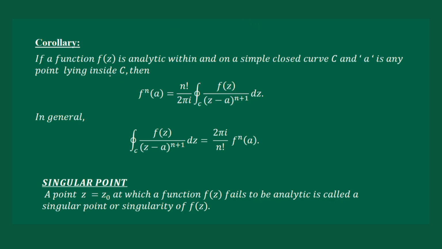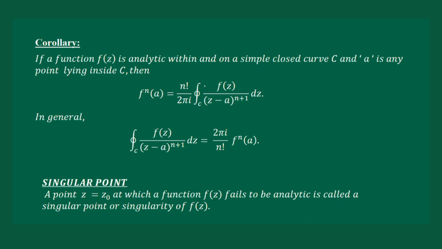Based on the above theorem, we have to see one corollary. If a function f of z is analytic within and on a simple closed curve C and A is any point lying inside the curve C, then f n of A, whereas in the previous theorem we saw f of A, here n stands for the nth order derivative of the function f. So f n of A is defined as n factorial by 2 pi i, integral over C of f of z by z minus A whole to the power n plus 1, dz. This statement can also be written by taking n factorial by 2 pi i to the left hand side.